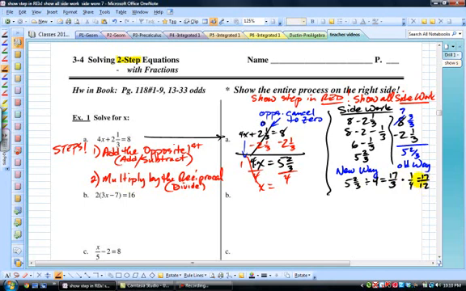So you get 17/12, which equals 1 and 5/12. So I did all of this right down here.